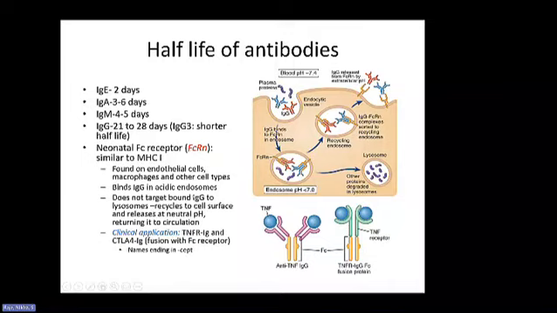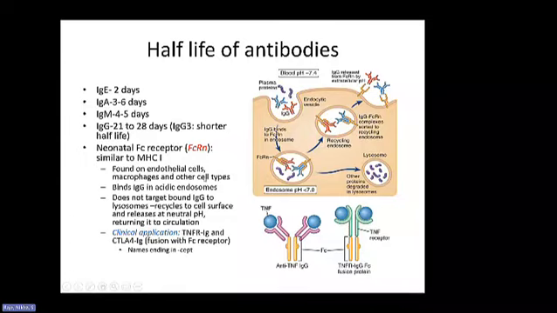All right, and so what gives IgG its long half-life? So there is something called FcRn or neonatal Fc receptors. The FcRn has a very similar structure to MHC class 1. These receptors are found on endothelial cells, macrophages, several other cell types.